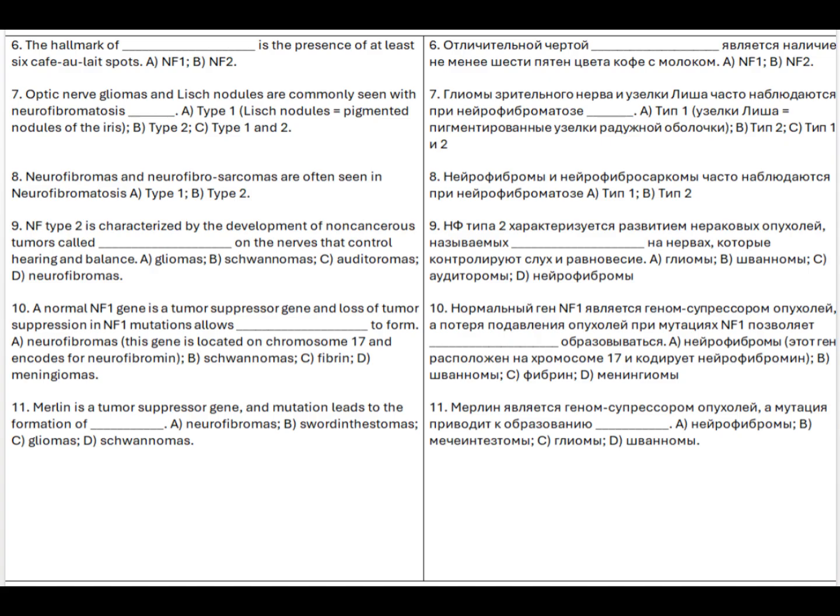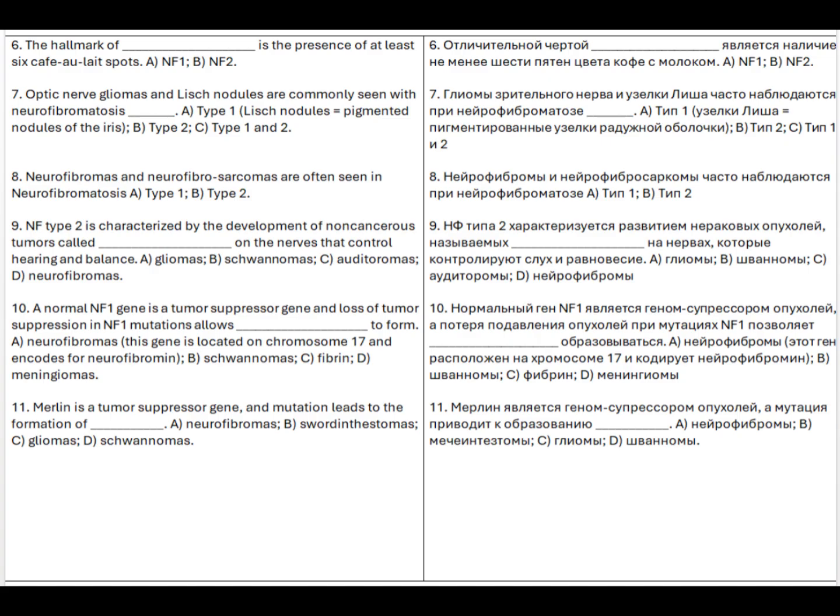8. Neurofibromas and neurofibrosarcomas are often seen in neurofibromatosis A. Type 1 B. Type 2. 9. NF type 2 is characterized by the development of non-cancerous tumors called on the nerves that control hearing and balance. A. Gliomas B. Schwannomas C. Auditoromas D. Neurofibromas. 10.